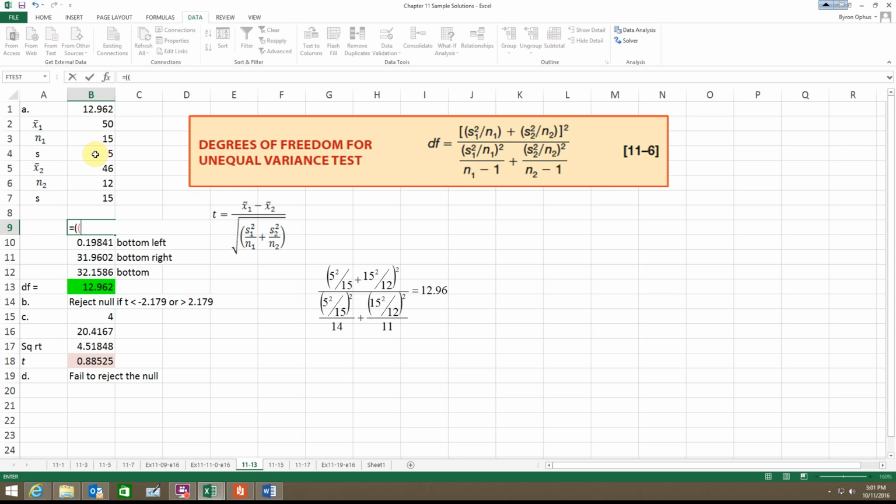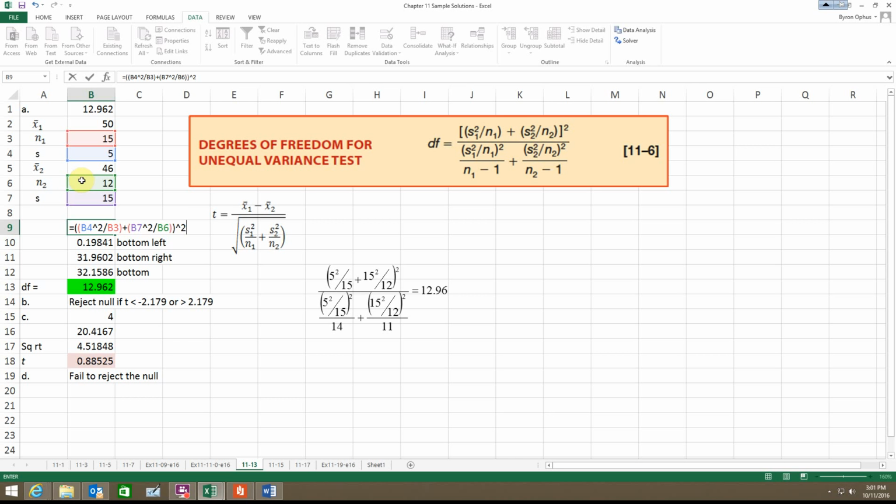So it's going to be equal to my s1 squared, divided by my n1, and parentheses, plus my parentheses, my s2 squared, divided by my n2, and parentheses, and all of that then is going to be squared.